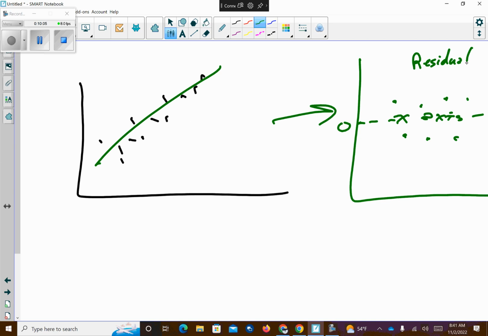Take a quick look at the two leftmost, and they say orange points. So let's say I had this data point here. So this has a huge residual. Okay, that distance is huge.